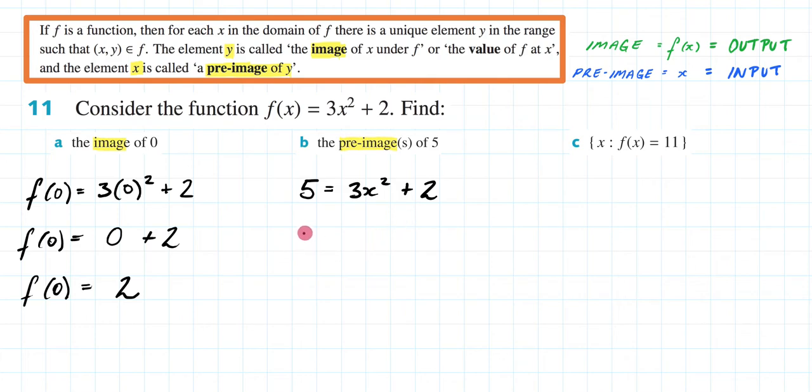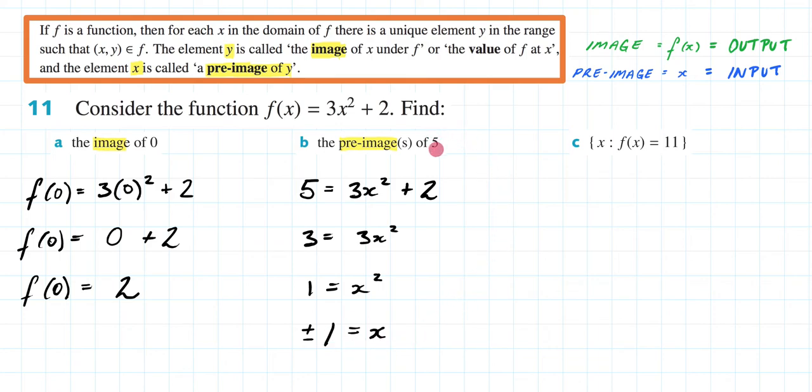I'm going to minus 2 from both sides. Then I'll divide both sides by 3. And then I'll square root both sides. So what I'm going to end up getting is plus or minus 1 equals x. So plus or minus 1 is my pre-image. It is my input that will give me an output of 5.